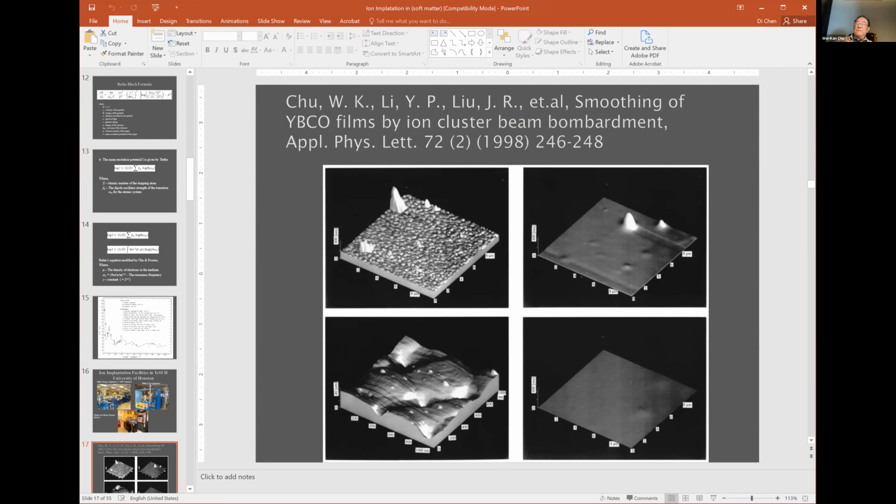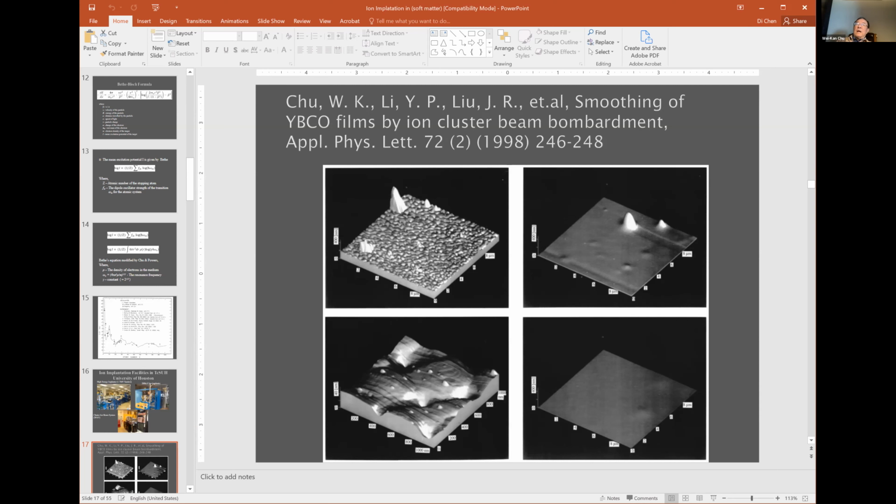If you continue to erode, going to the lower right, all the surface features are removed, down to 1 nanometer. That means the surface is only 10 angstrom up and down. This becomes extremely useful for making devices and other studies. The lower right is a magnification of one of the figures, showing the very nice surface feature.